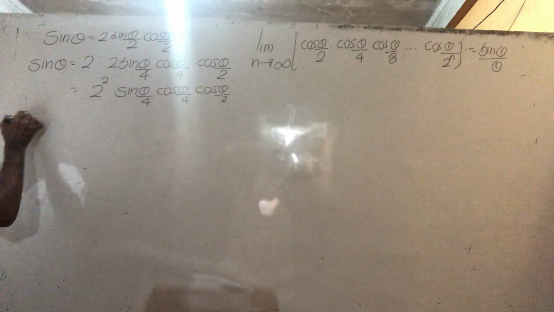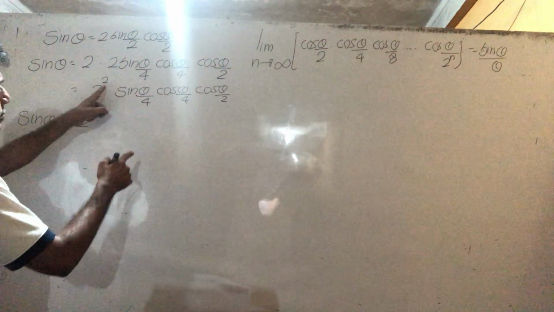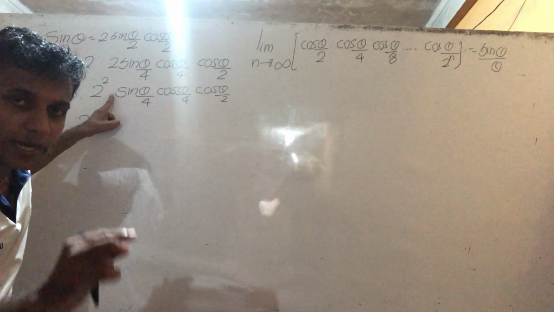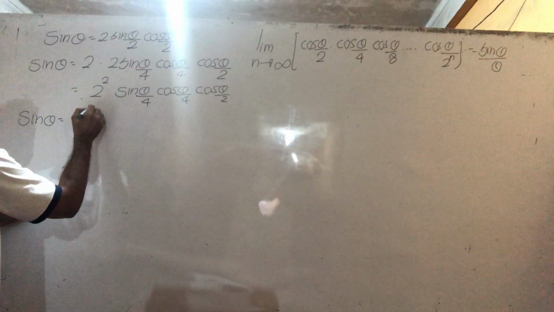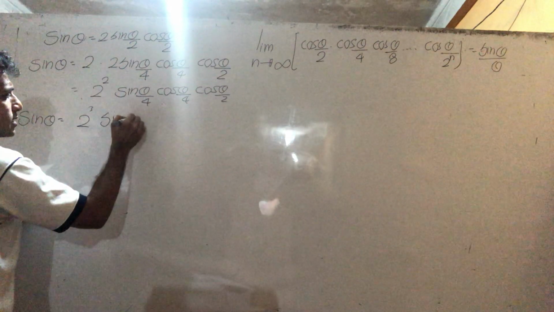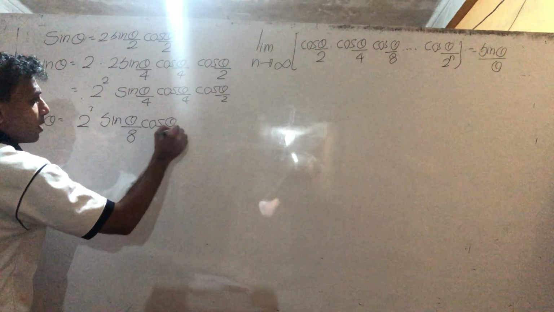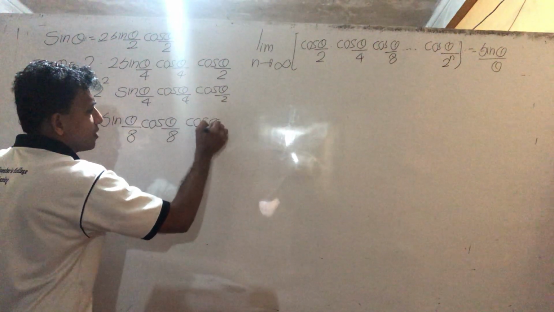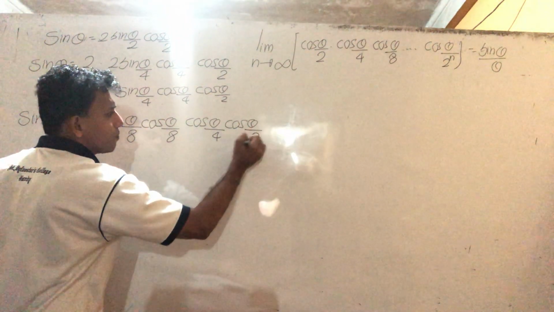Again, sin theta equals 2 to the power, it becomes 3, because what is sin theta by 4? 2 sin theta by 8 cos theta by 8. So the 2 I say 2 to the power 3. Sin theta by 8 cos theta by 8, the others the same, cos theta by 4 into cos theta by 2.